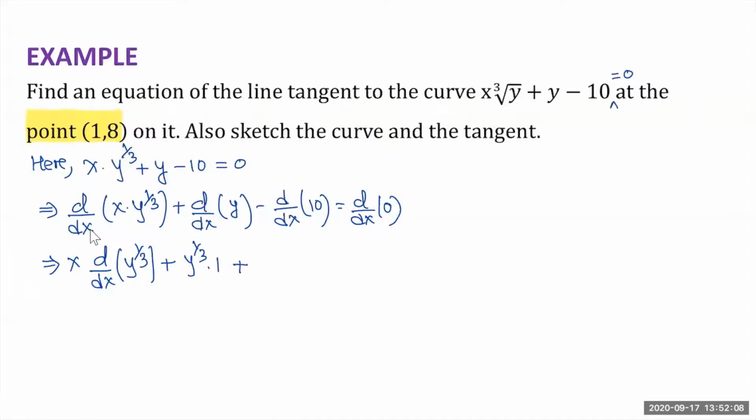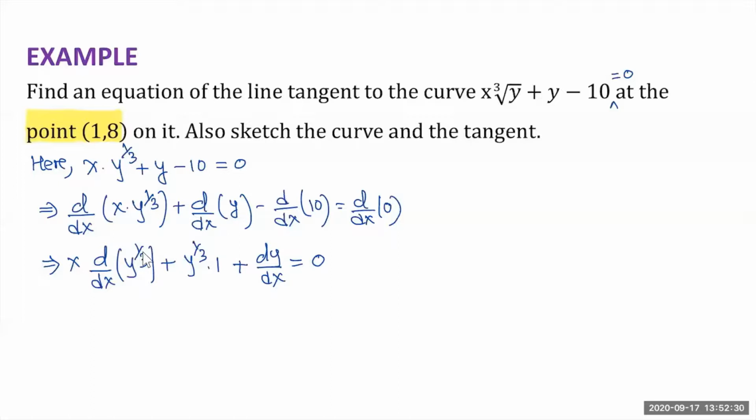Then plus the second term, the derivative of y with respect to x, I don't know what that is, it is dy over dx, that's what I'm looking for. Then the derivative of this constant is 0, and the derivative of 0 is 0, that means we have equal to 0. Okay, this one looks good.